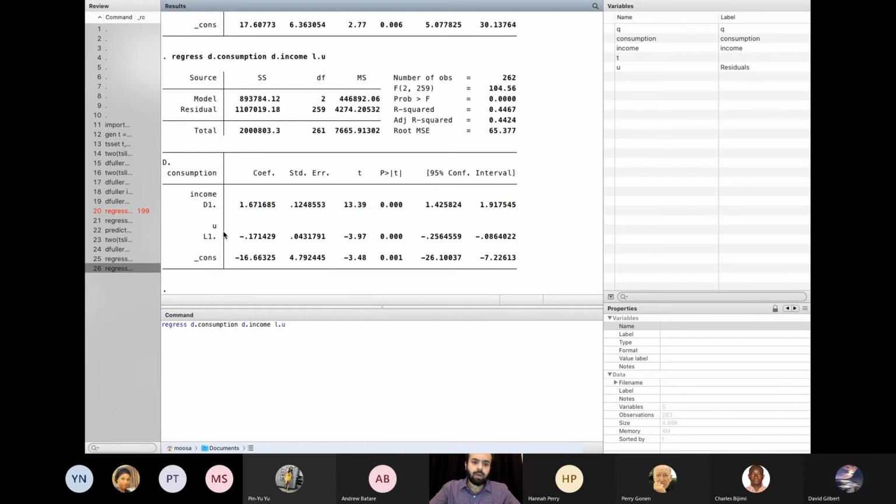Basically, the idea that I want to explain in this part of the vector correction model is that this is negative and is the error correction term. So that can be seen as the speed of adjustment, 0.17. It's between 0 and 1.